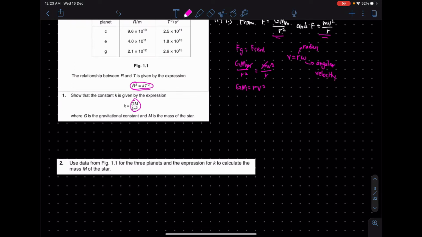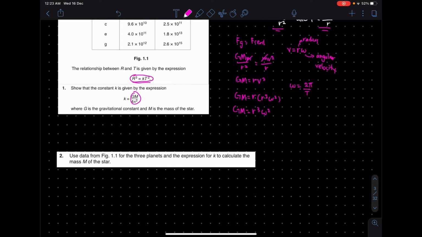So we should get something like this. Upon expansion we'll get this. And here we know that the angular velocity is also equivalent to 2 pi over the period. Quite simple, we just substitute that in.